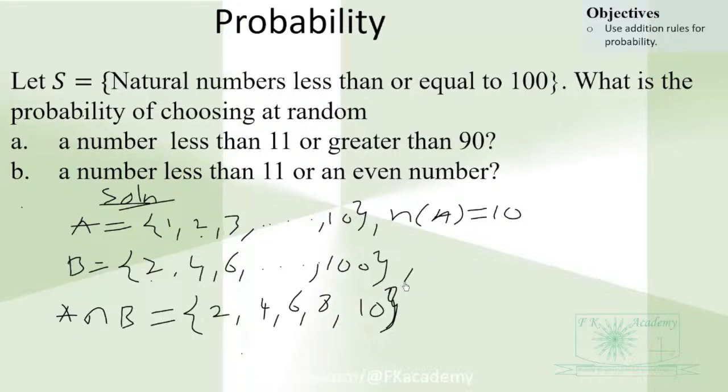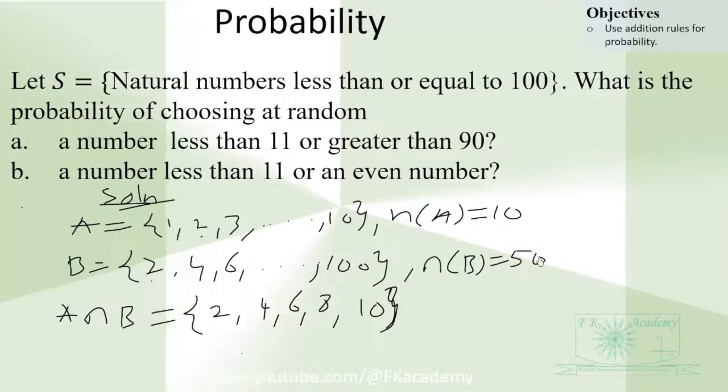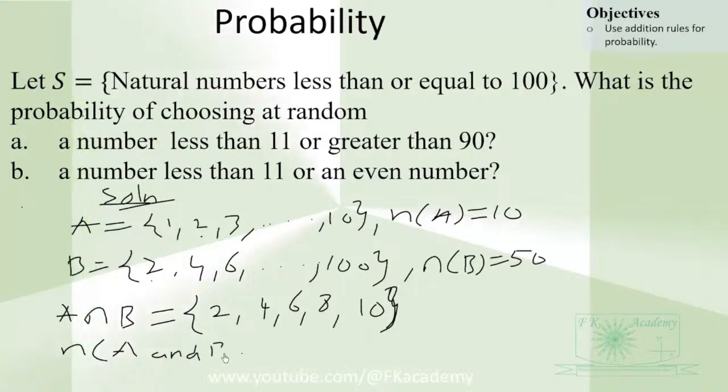For this, we have the number of elements in the set B being 50. Then the number of elements in the sets A and B will be equal to 5: 1, 2, 3, 4, 5.